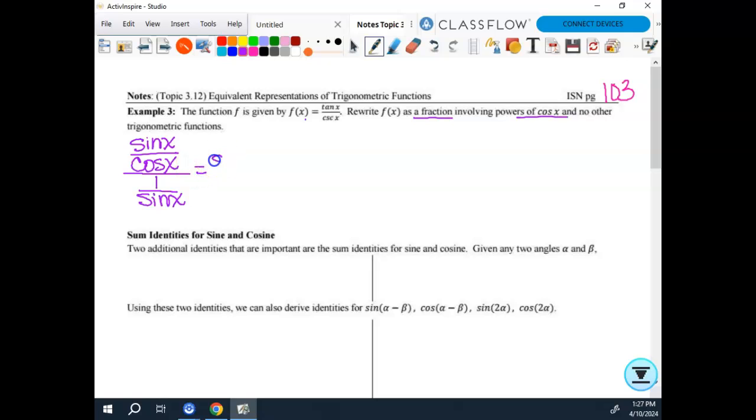So I'm going to keep the numerator, sine of x over cosine x, change division to multiplication, and multiply by the reciprocal, like so. So when I multiply straight across now, this will give me sine squared x over cosine x.